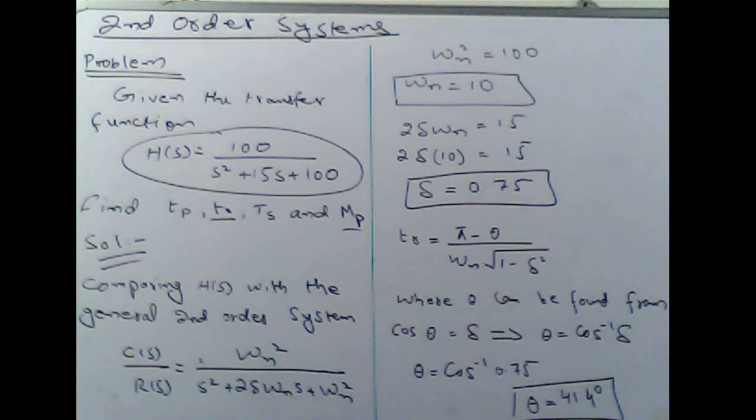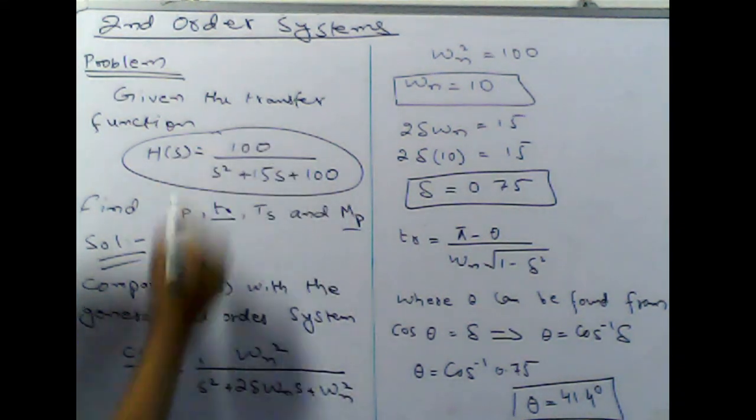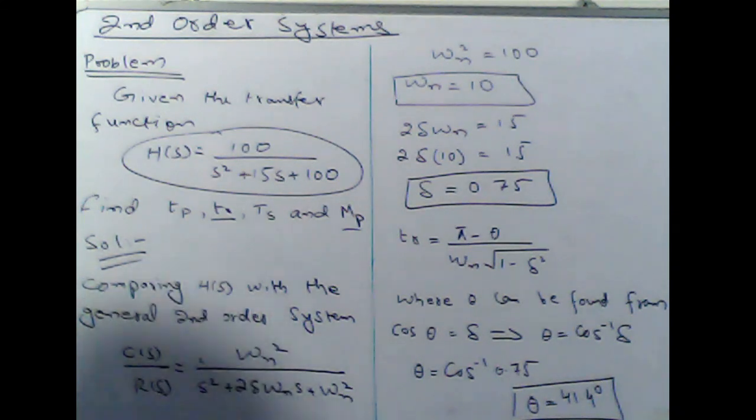In the solution, first we will compare this transfer function with the generic form of a second order system. The generic form is omega n square divided by s square plus 2 zeta omega n of s plus omega n square.